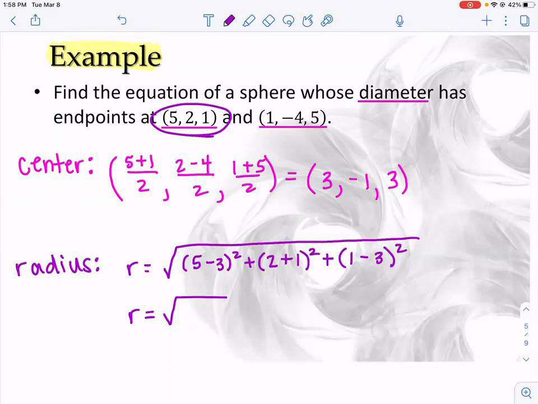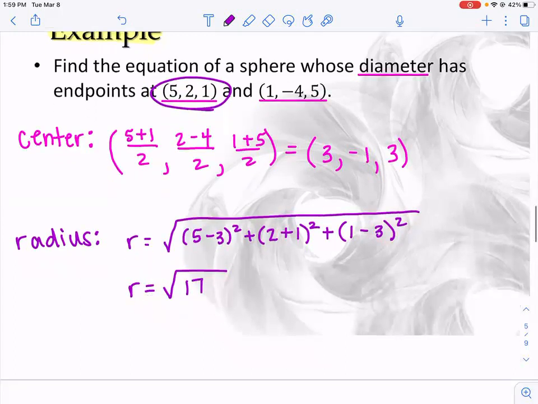What's that number under the radical? 17? Square root of 17? Don't just say yes because one person said it. Yeah, I concur.